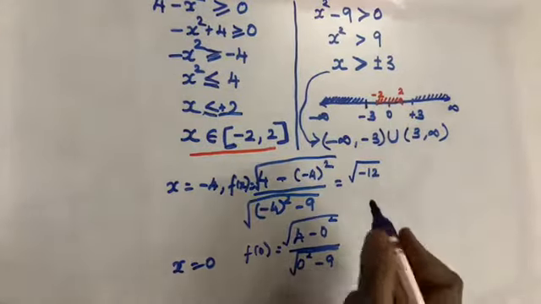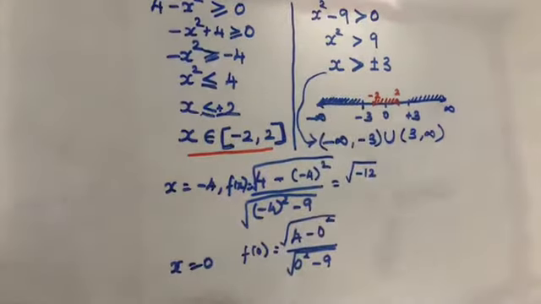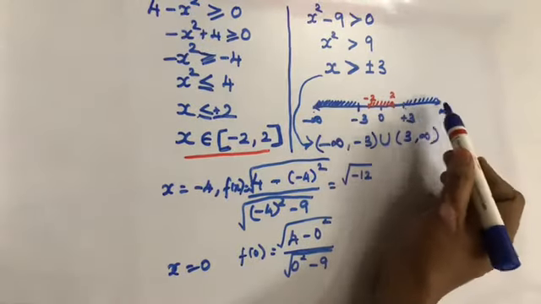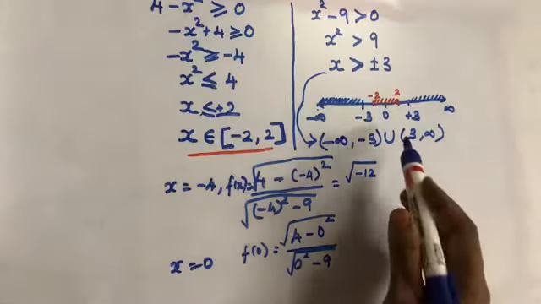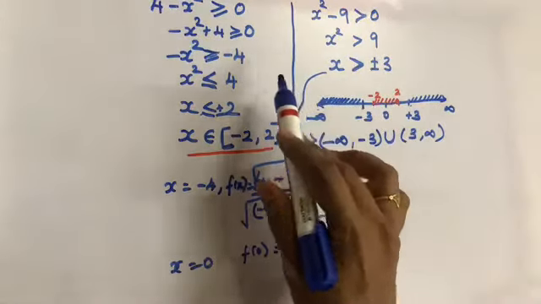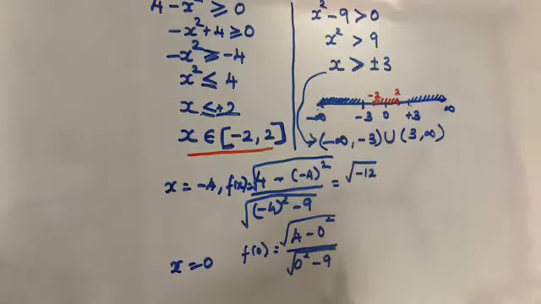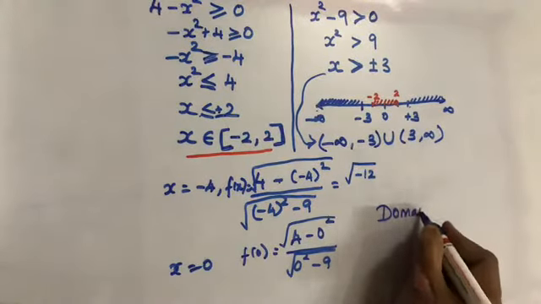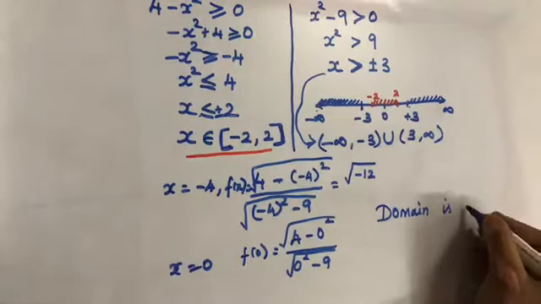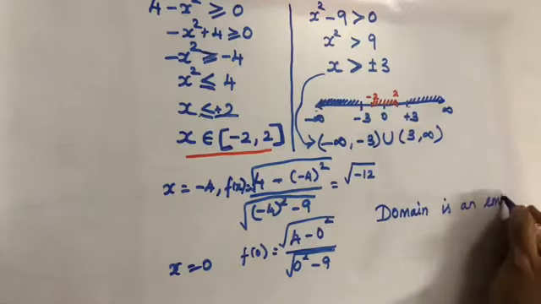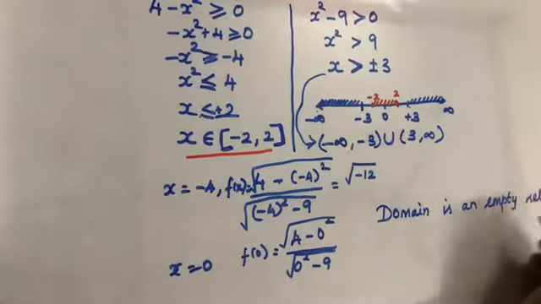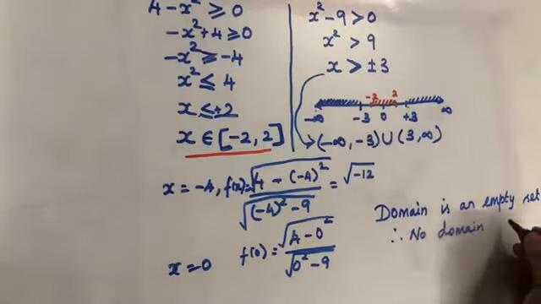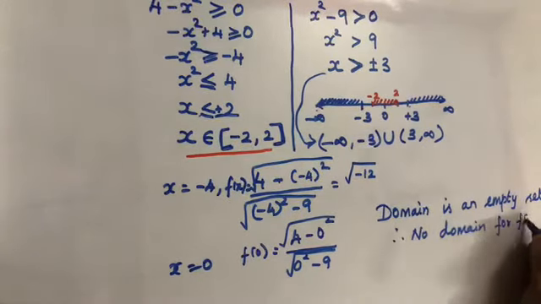So for any values in these intervals, that is minus infinity to minus 3, minus 2 to 2 and 3 to infinity, if you take any random value, the function will become undefined. It will not come in the real number line. So its domain is an empty set. That is, there is no domain for this function. We couldn't assign any domain. So no domain for f of x.